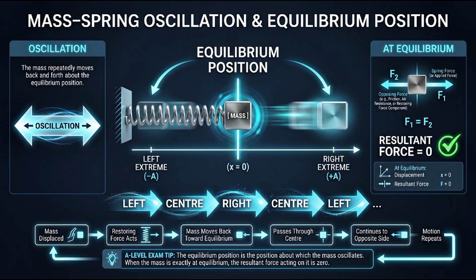If the amplitude is 0.05 meters, for example, the mass moves a maximum of 0.05 meters from equilibrium in either direction, and the total distance between the extreme positions is 0.1 meters. Remember that amplitude is measured from equilibrium to one extreme, not from one extreme to the other.